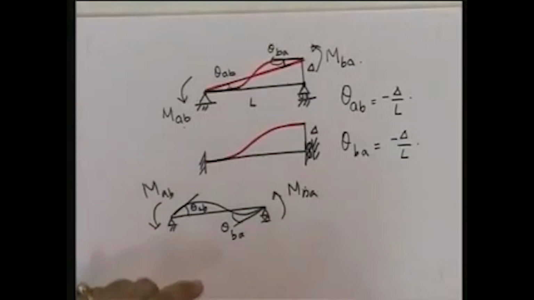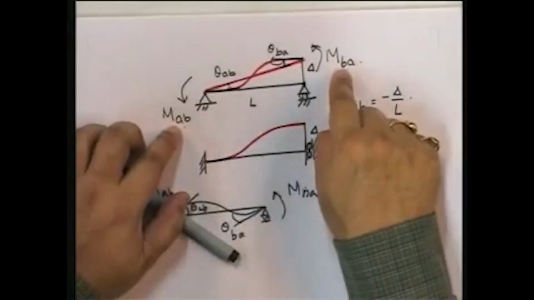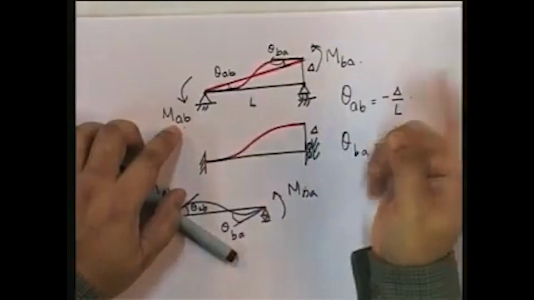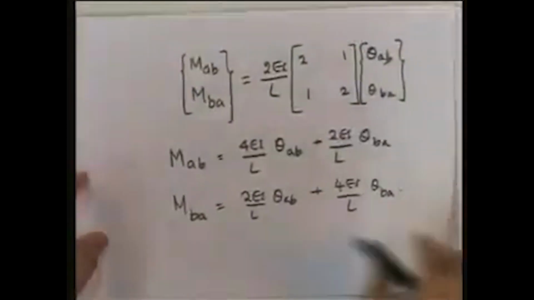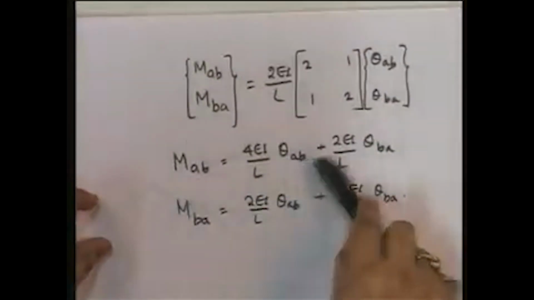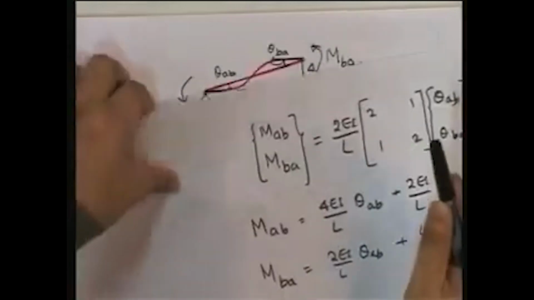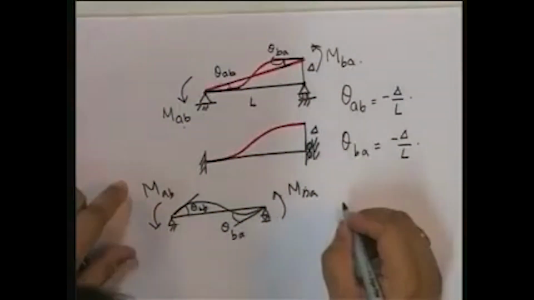So that means what I am saying is, can I find out an MAB and MBA which would give rise to these? Sure I can, because I have already developed this. I can find out MAB and MBA given theta AB and theta BA just by applying this equation which I have developed. So I am going to use that. Let me use that. What happens?